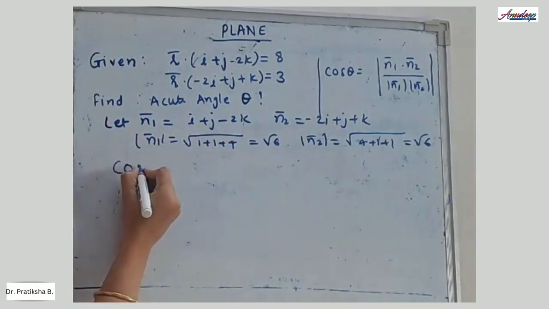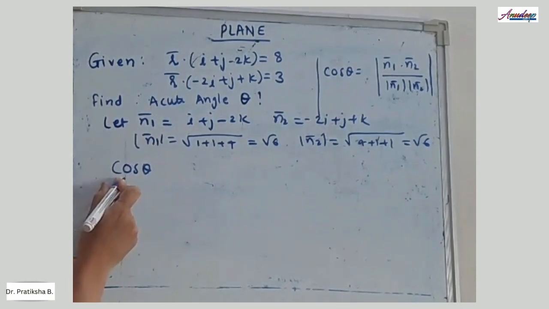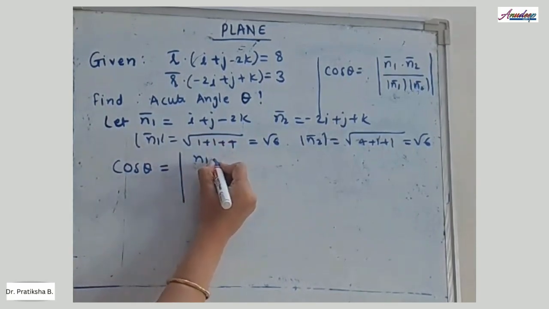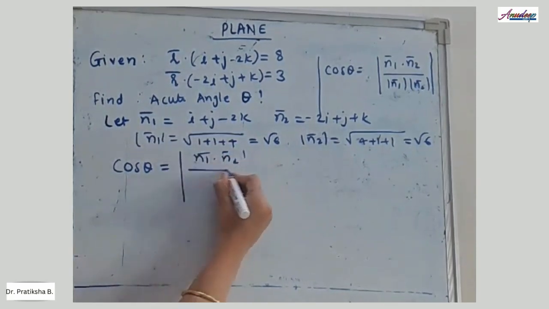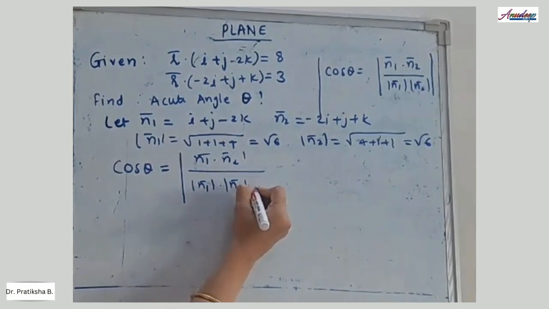Now, theta is the acute angle between these two planes, and we find it by the formula cos theta equals the modulus of n1 dot n2 upon mod of n1 times mod of n2.